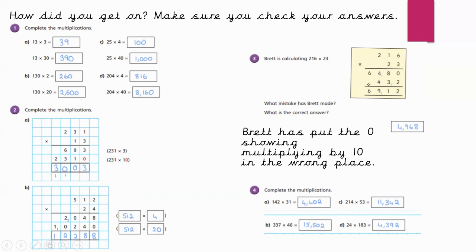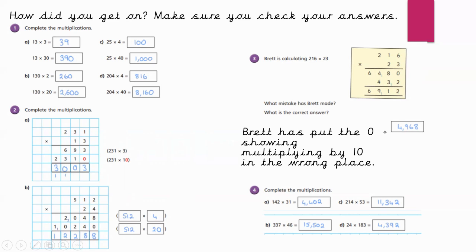So Brett has put the 0, to show multiplying by ten, in the wrong place. He's put it in this row here, which is actually when you're timesing by 3, rather than putting it in this row here to show timesing by 20. So actually, these numbers should all be in the next column down, and these numbers all in the next column up.